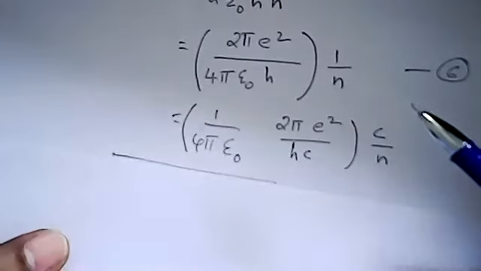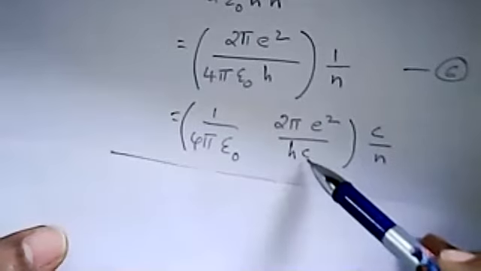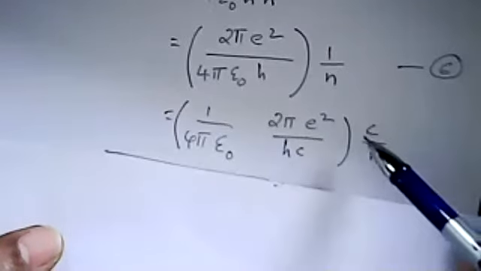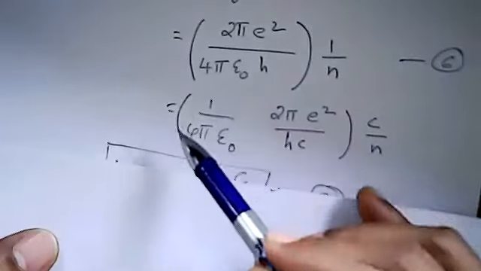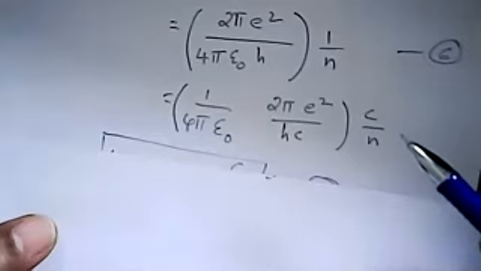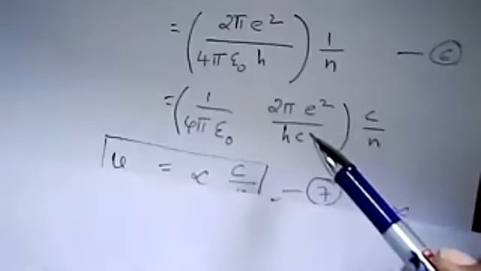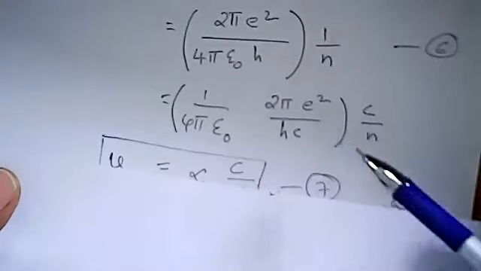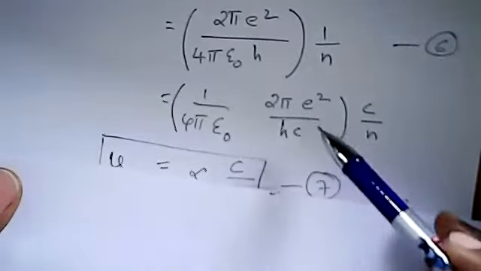Now add c, the velocity of light, in the numerator and denominator. We are doing nothing by this. Now the term inside the bracket becomes dimensionless. That is why we put a c: the entire quantity inside the bracket has no dimension.